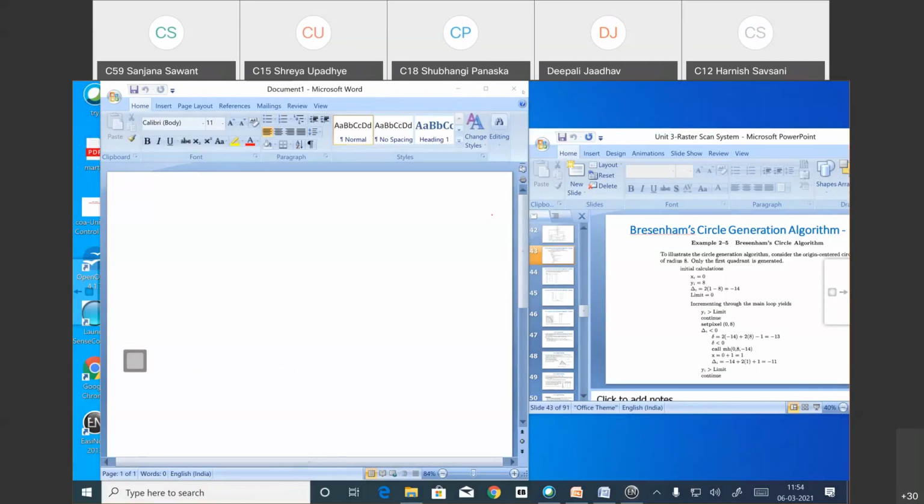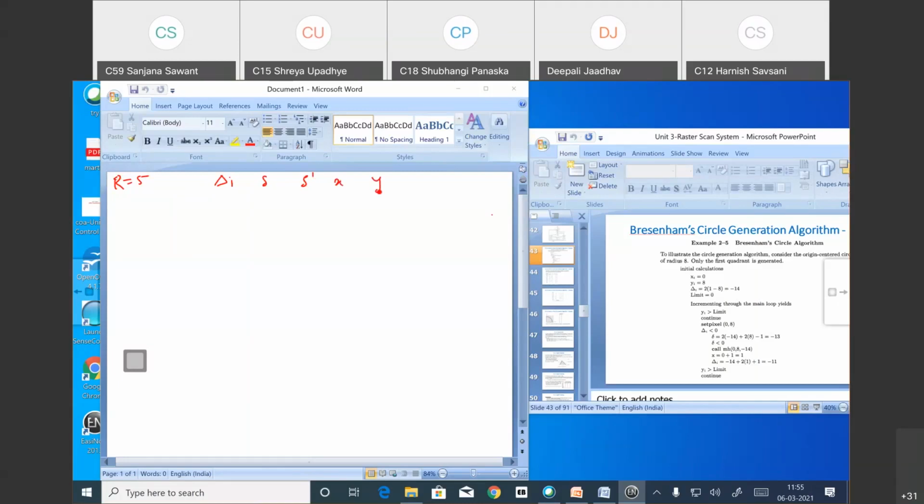R is equal to 5 here, which is origin centered. Now using this Bresenham circle generation algorithm, we need to calculate the values of uppercase delta I, lowercase delta, delta dash, x and y. So I am going to write these values here. These values we need to calculate.